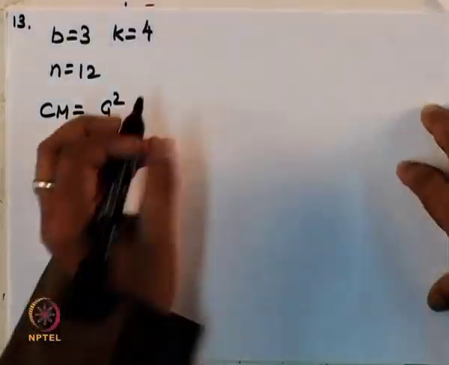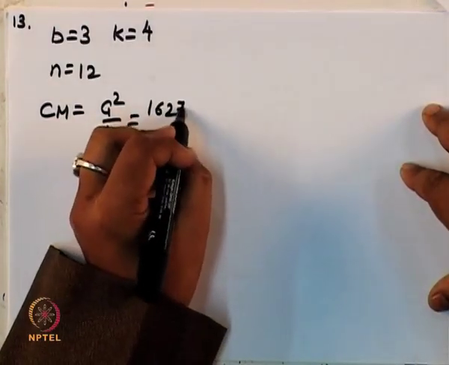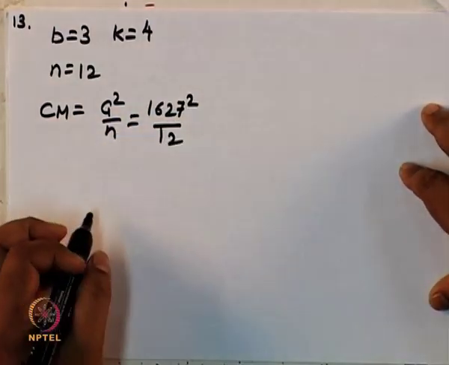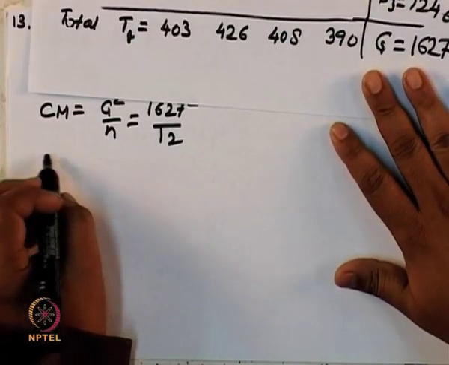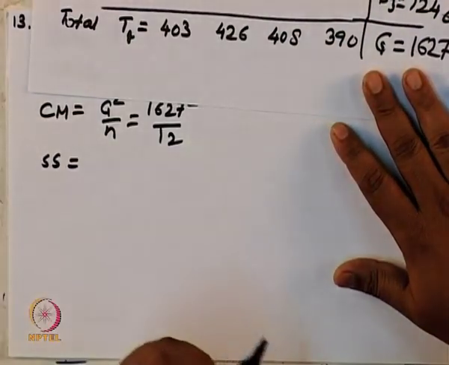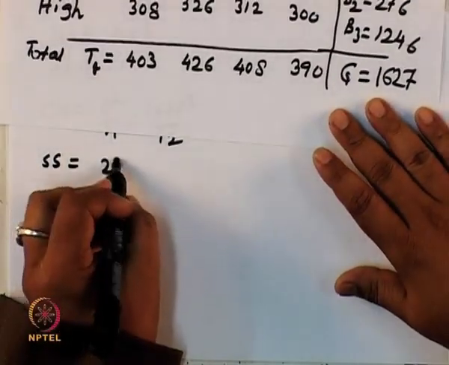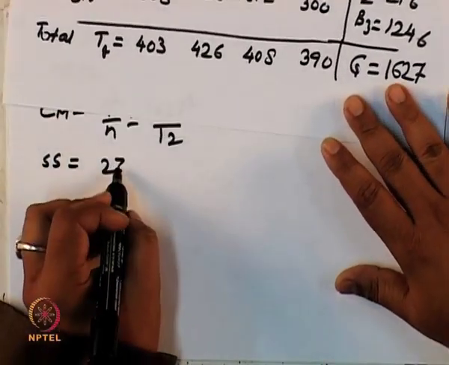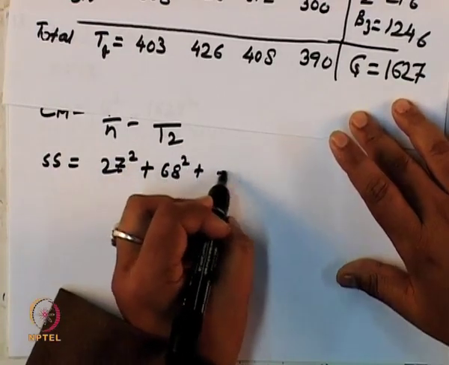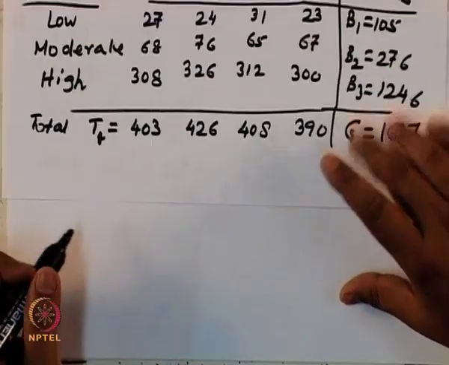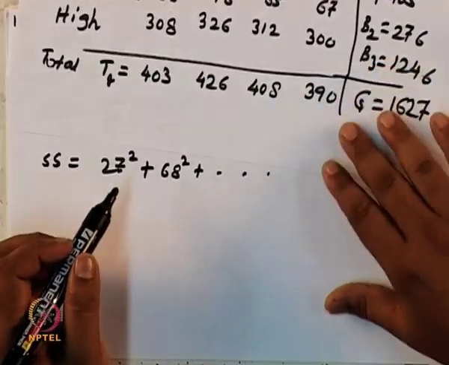So, I can write down 1627 square by 12. My sum of squares is just all these squares put together. So, you take the squares of all the observations.